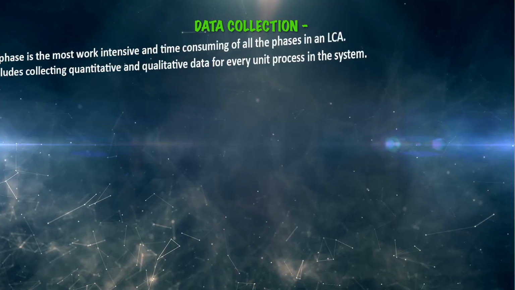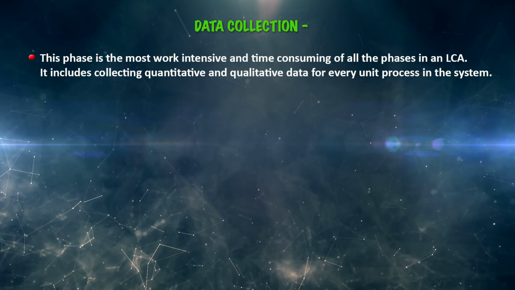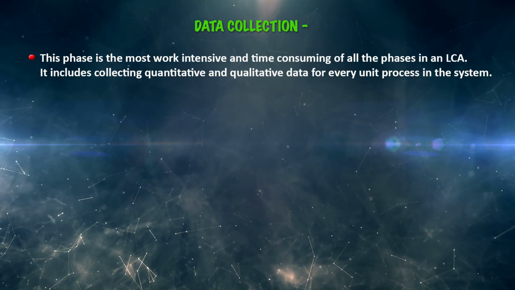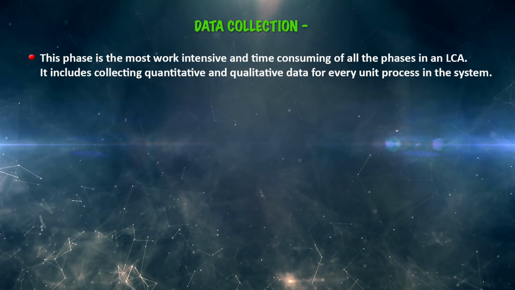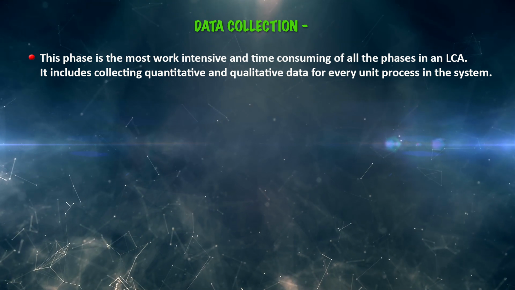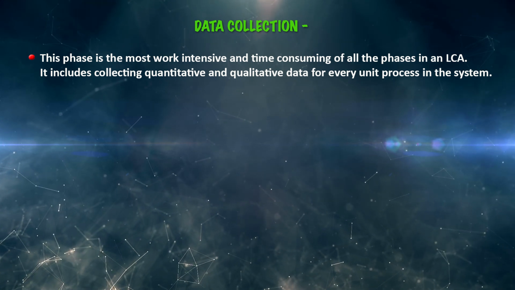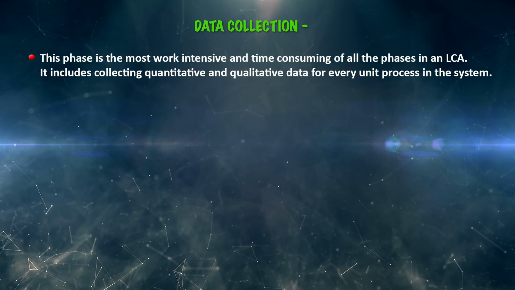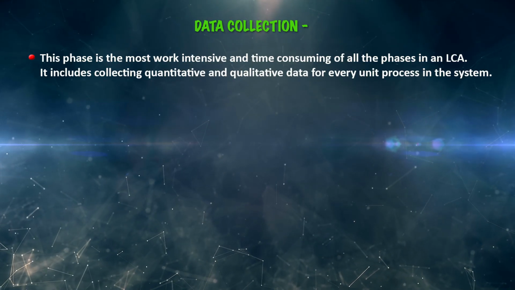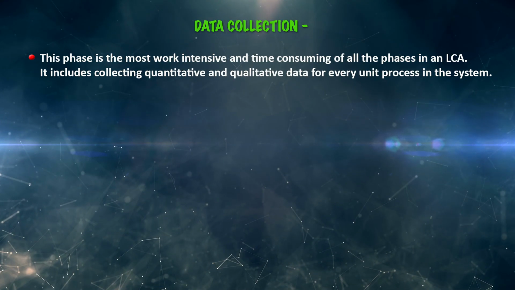So the most important phase of this analysis is data collection, and it is also the most work intensive and time consuming process of all the phases of life cycle assessment. For example, collecting quantitative and qualitative data for every unit process of the system.